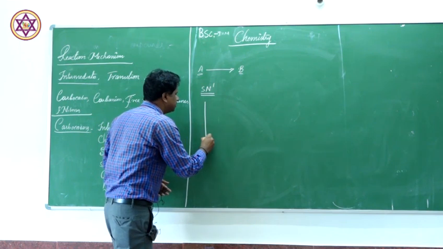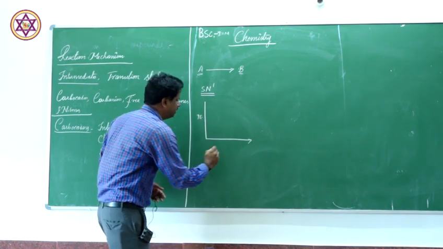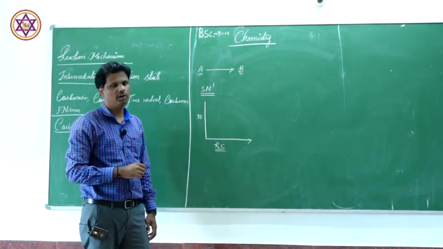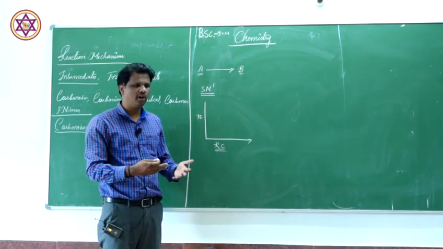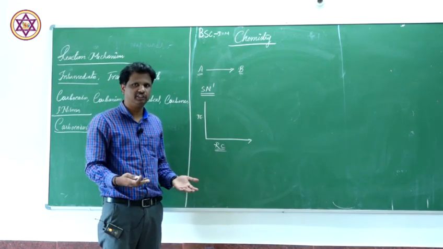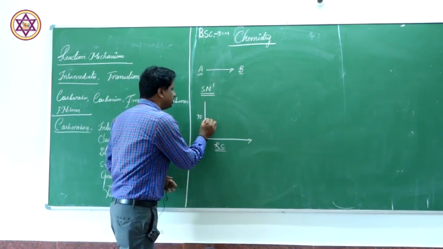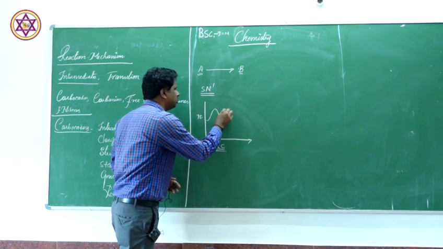This is potential energy and this is reaction coordinate. RC represents reaction coordinate, that means over time how different parameters like bond lengths and bond angles are changing towards the product. This is how the energy profile diagram of the SN1 reaction looks.